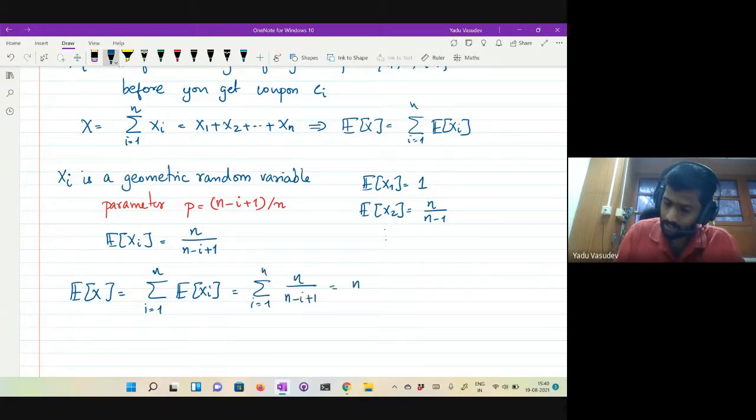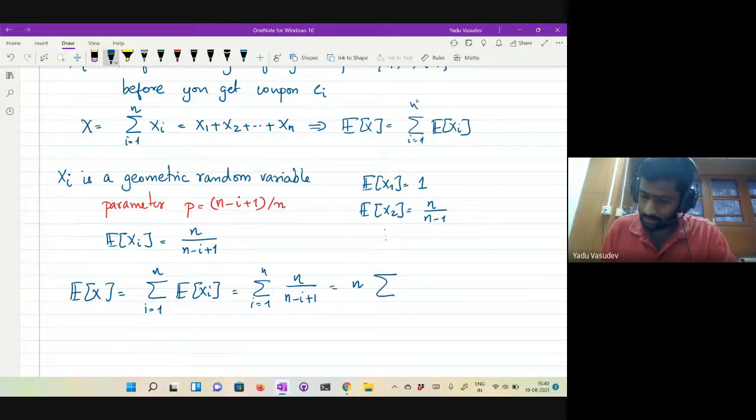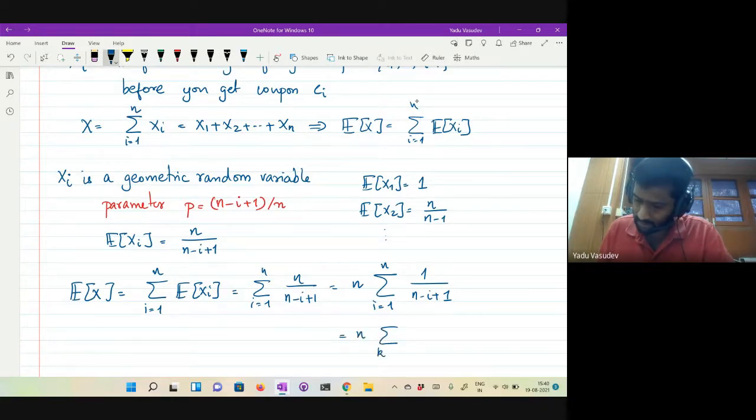So you can take n out, and so this is i going from 1 to n, 1 divided by n minus i plus 1, and this you can just rewrite. You can write the sum in a slightly different way, to say this is k going from 1 to n, 1 divided by k.